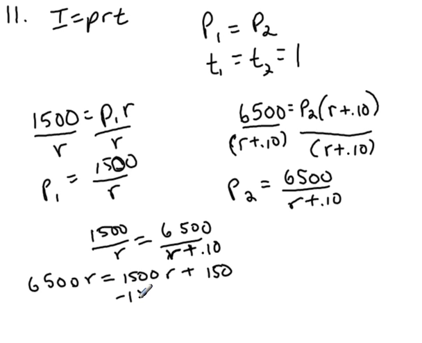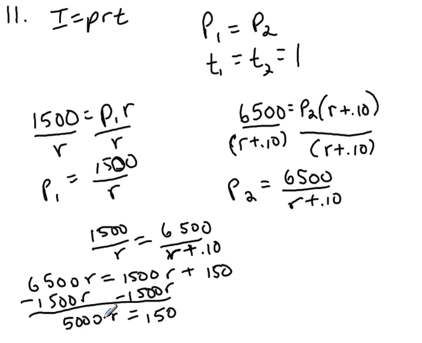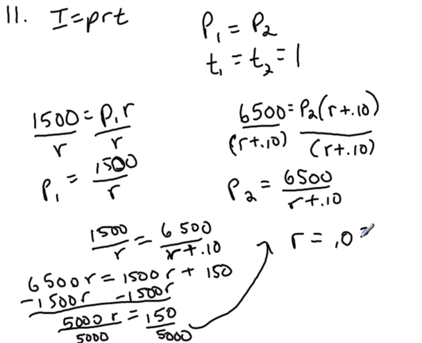I'm going to subtract 1,500R from both sides, and that gives me 5,000R is equal to 150. Divide by 5,000. I'm going to move up here since I'm running out of space. When I divide by 5,000, I get R equals 0.03.